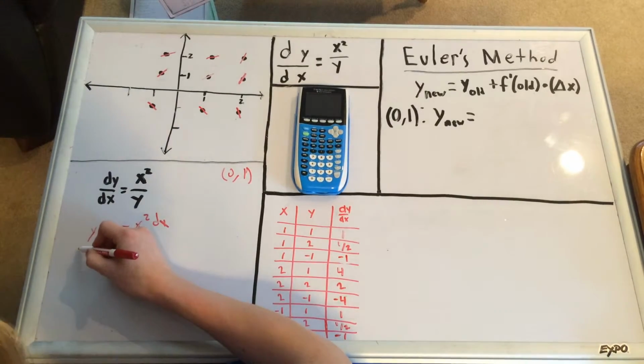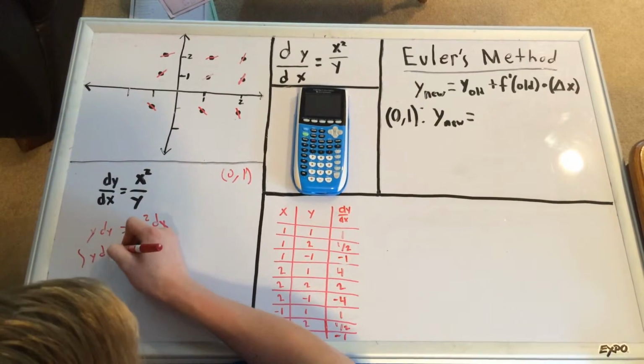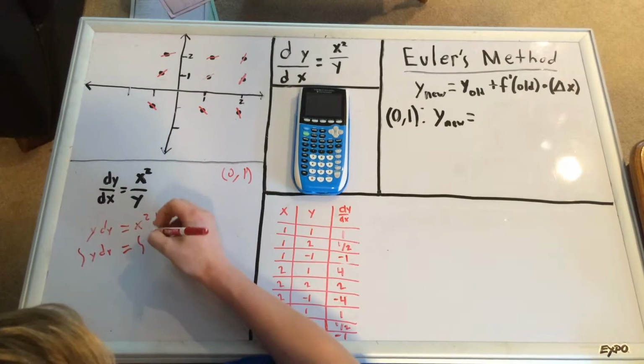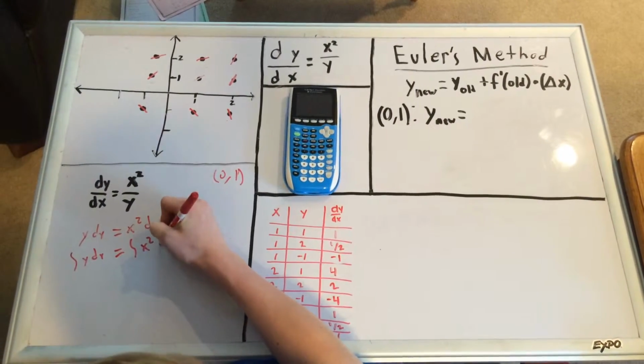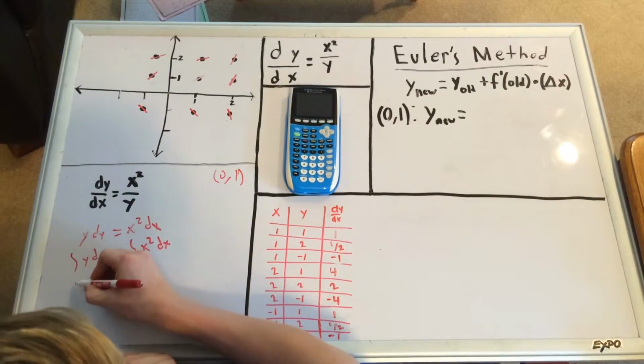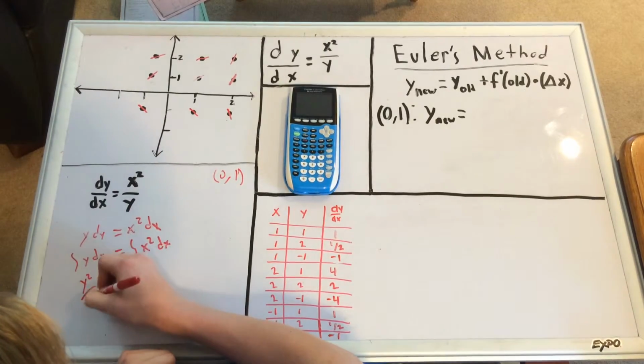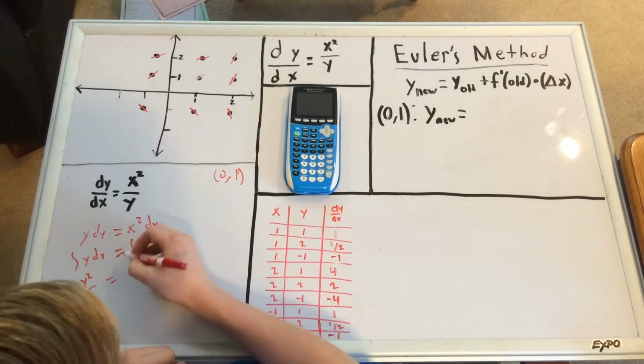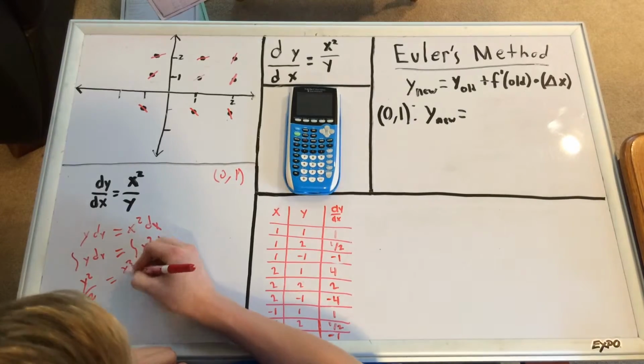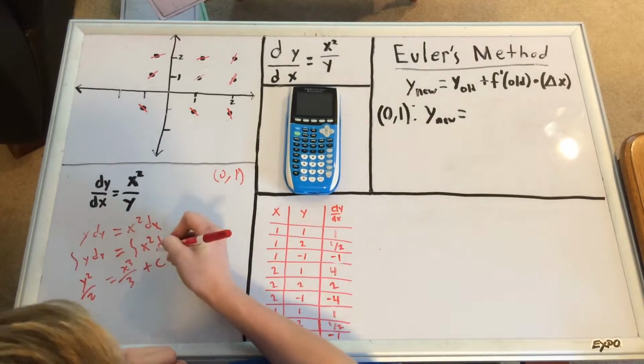Now we have to integrate both sides, getting the integral of y dy equaling the integral of x squared dx. These will equal y squared over 2 equals x cubed over 3 plus c.